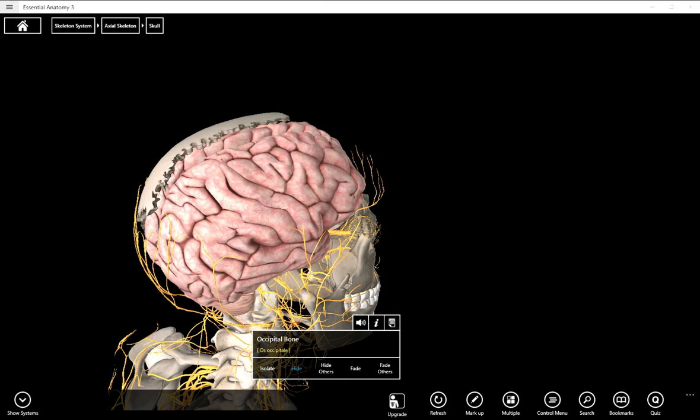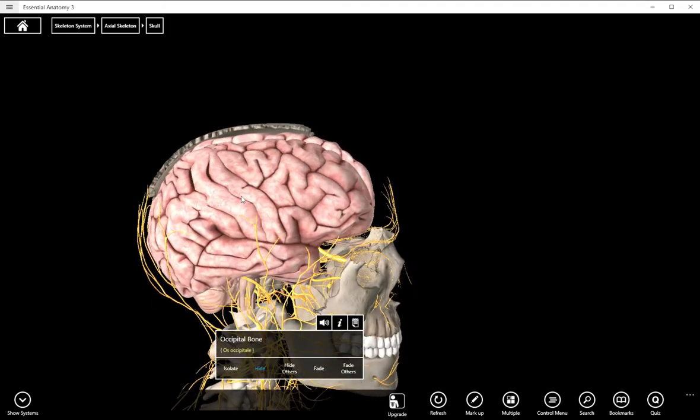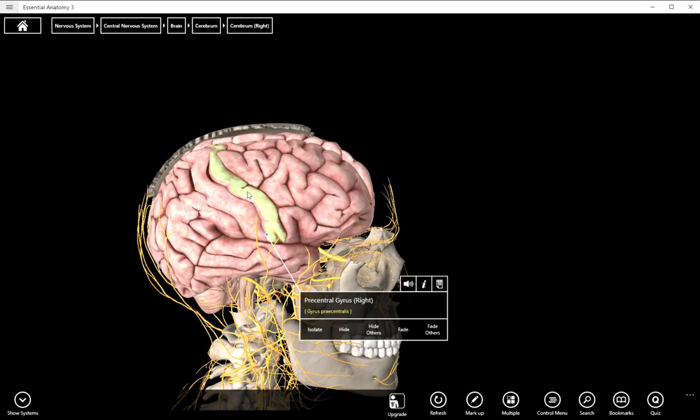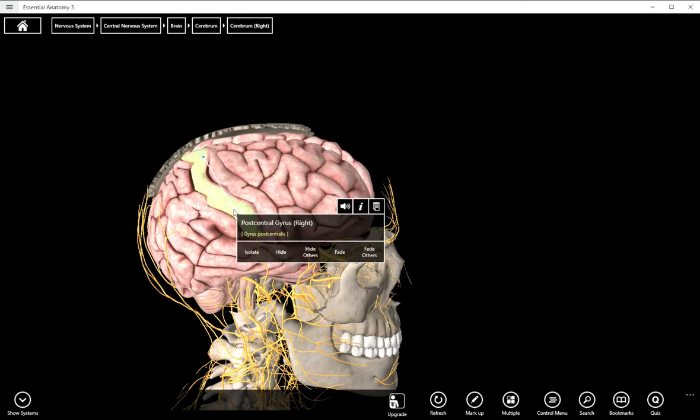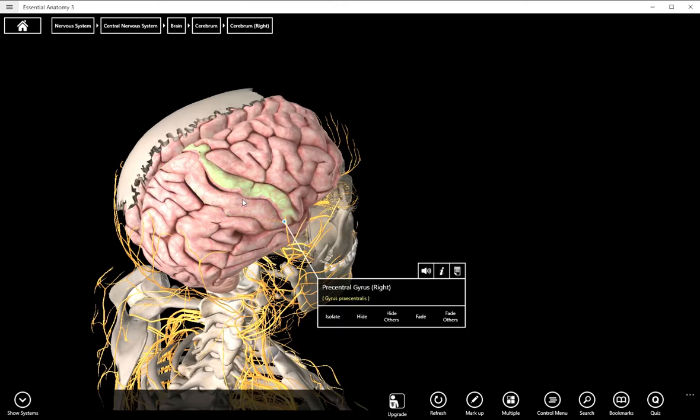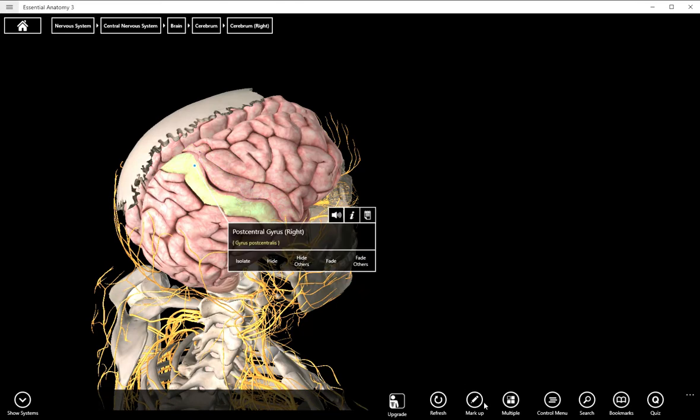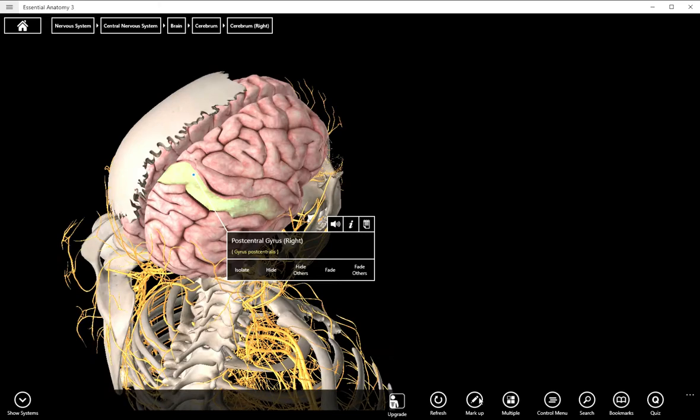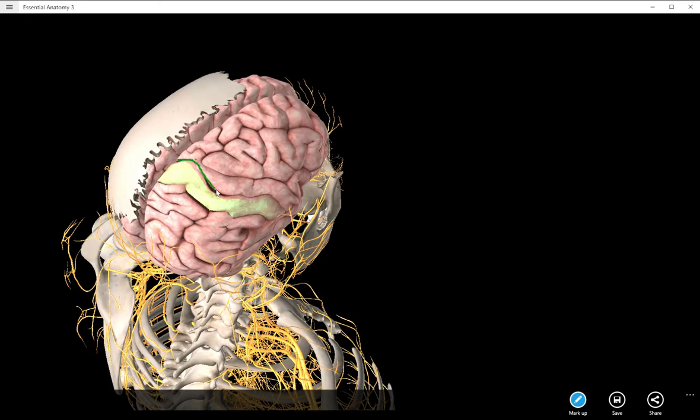All right, so we have a precentral gyrus and a postcentral gyrus. They're separated by a structure called the central sulcus, which is the sulcus in between the two.